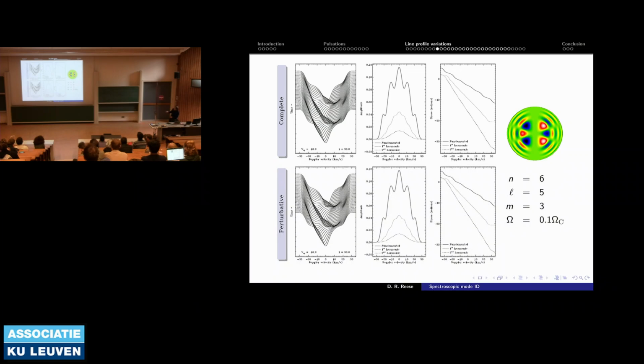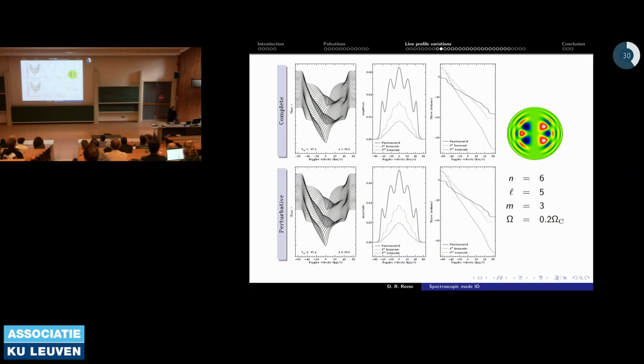So here you have a cross-section of the pulsation modes, a meridional cross-section showing the pressure perturbations. Here you've got the identification at the zero rotation rate. And here is the rotation rate for this particular mode. So we're at 10% of the critical rotation rate. As we increase the rotation rate, you can see that this cross-section is becoming flattened.